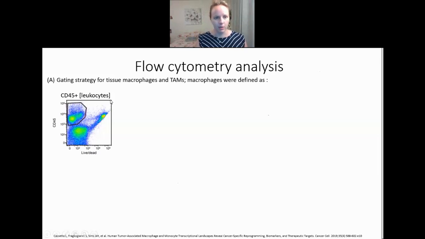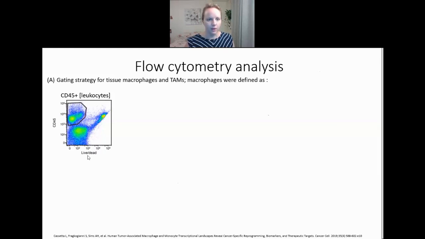And this can be a way to actually exclude leukocytes as well. You can negatively select if you don't want to look at any leukocytes and you only want to look at a different cell type out of a tissue. But in this case, obviously, they wanted the CD45, which is expressed by all macrophages.